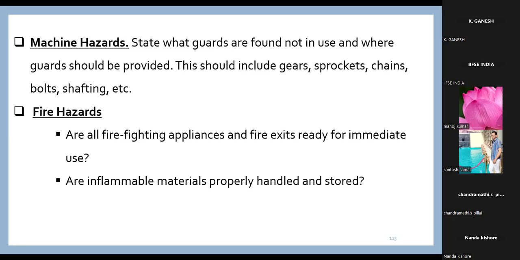Yes or no, you get the answer. Are inflammable materials handled properly and stored? Yes or no? So these type of questions we call closed type of questions. Open type of questions are where you give explanation with evidences. So generally, all these checklists have closed-end type of questions like this one.